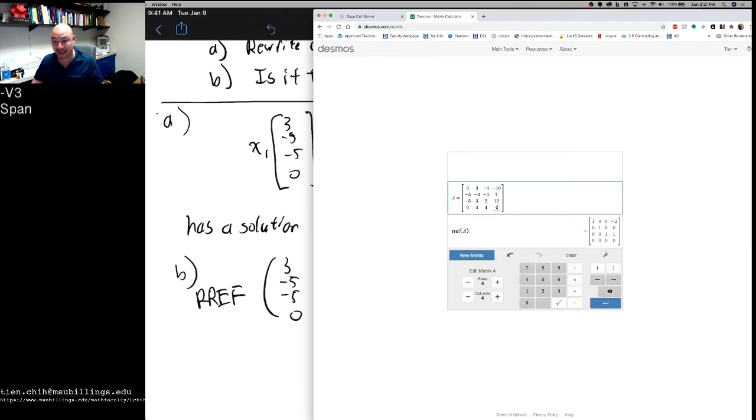And when I work that out, what I see is my reduced row echelon form as follows. So 1, 0, 0, 0, 0, 1, 0, 0, 0, 0, 1, 0, and then minus 2, 0, 1, 0.